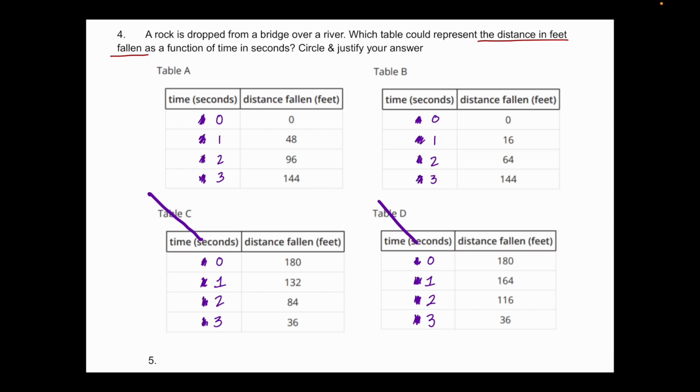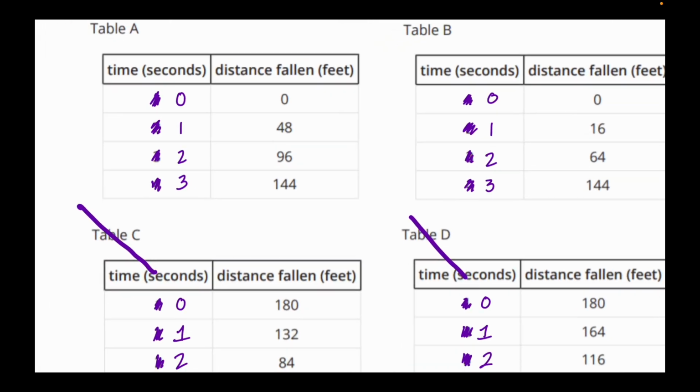So I can take those two out of my running, or I can just ignore them essentially. So we now have table A and table B. I know that if an object is falling, I want this to be a quadratic function. So I want to check and find which one here is quadratic, and we can do that by checking the differences. Let's check and find the difference here.